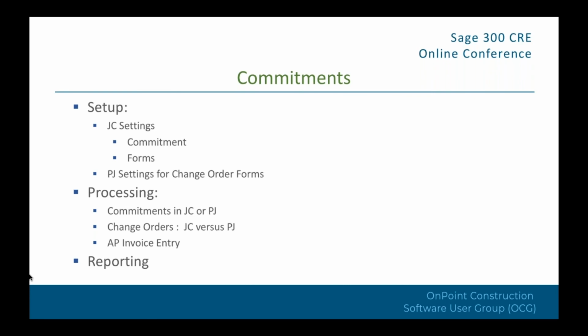And for today, I'm going to be using the job cost area for anything where it can be done in either one of them, because for anybody that has never seen PJ, they can't correlate that back to job cost. But anybody that has moved to PJ still understands the job cost side of it.